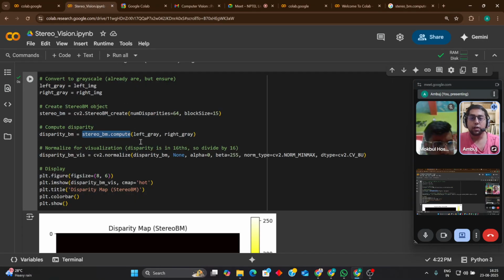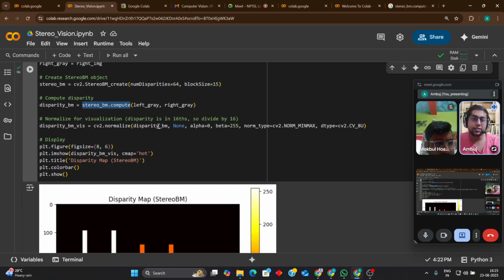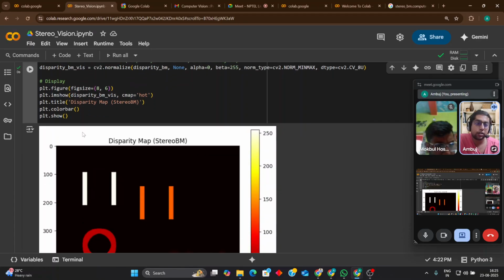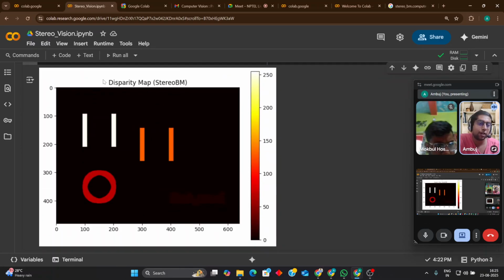Coming back to my code, then I have normalized the pixels. Disparity is in 16, so I divided by 16. Normalization is just dividing by W. Already teaching you from week number 1 itself. Then you use the display functions, which is plt.figure, to plot this particular figure. See how well the disparity map has come.